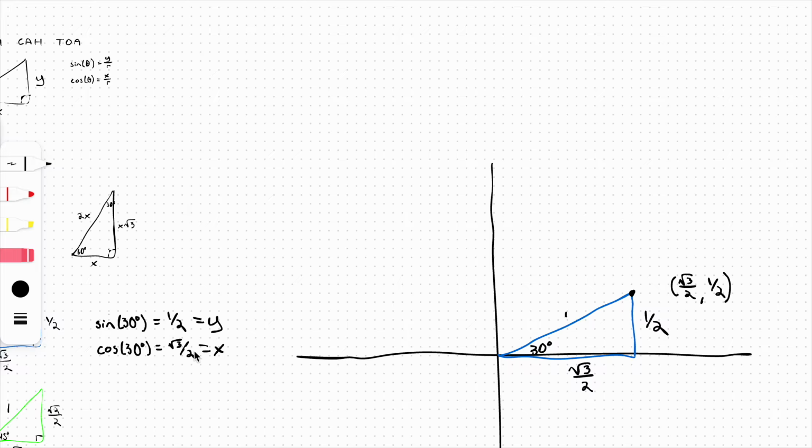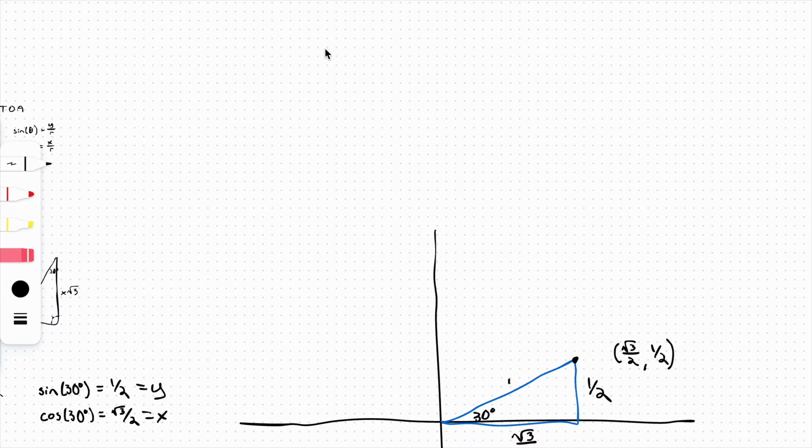So we see root 3 over 2 as our x value here. Okay, this is something important to understand, that sine corresponds to y and cosine corresponds to x. Okay? I'm going to write this up here because it's something important. Sine of theta is y, and cosine of theta is x.